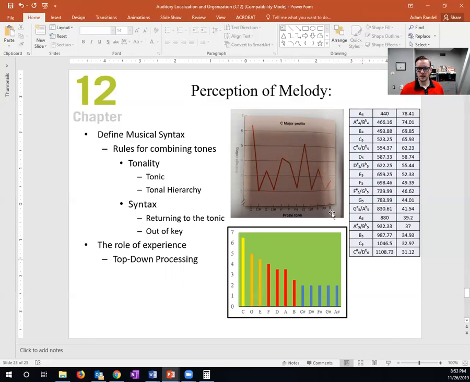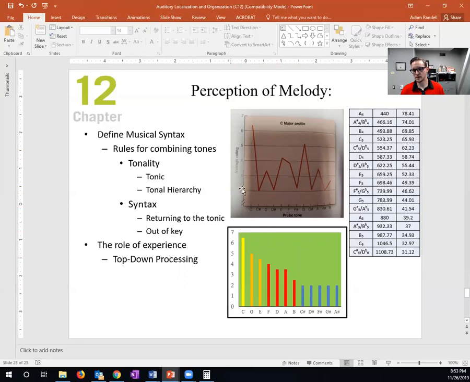For example, the Goldstein book talks about a study in which they played participants a scale, and then they played them a reference sound, and the participant's job was to decide whether or not the reference sound belonged in the scale. Here you see the average ratings. You'll note that some of these are pretty high, others are fairly low.